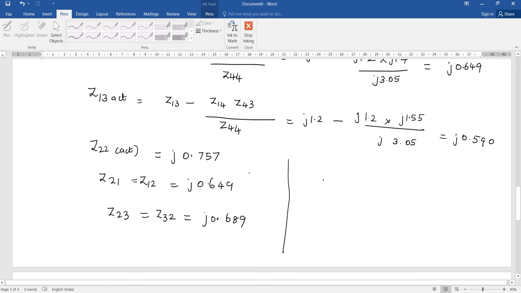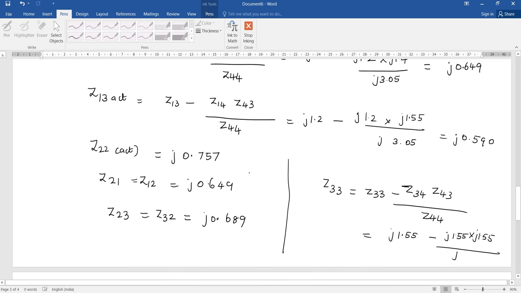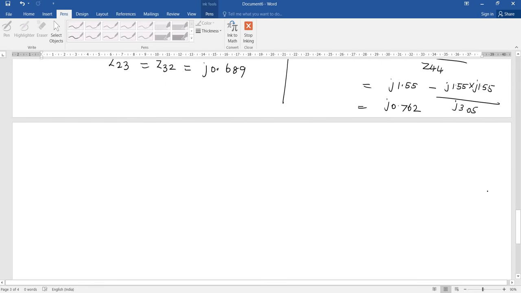And next calculate Z33. That is Z33 minus Z34 Z43 divided by Z44. Substitute the values: j1.55 minus j1.55 into j1.55 divided by j3.05. The answer is j0.762. So we got all the values.